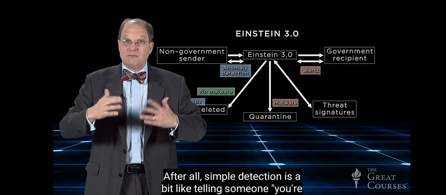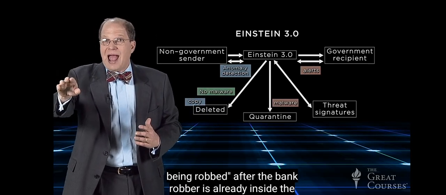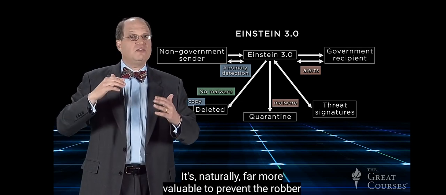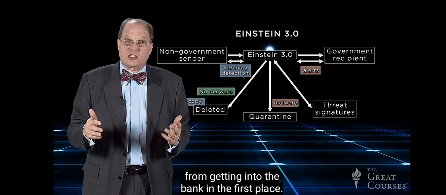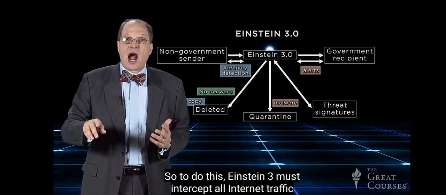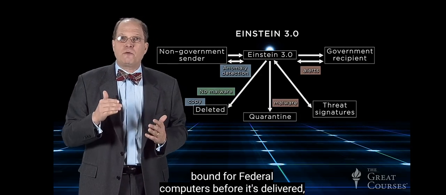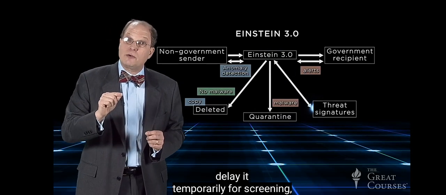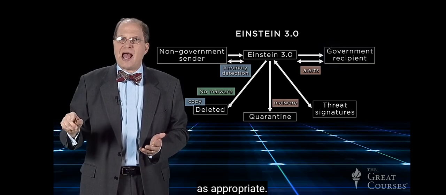After all, simple detection is a bit like telling someone you're being robbed after the bank robber is already inside the vault. It is naturally far more valuable to prevent the robber from getting into the bank in the first instance. To do this, Einstein 3 must intercept all internet traffic bound for federal computers before it's delivered, delay it temporarily for screening, and then pass it along or quarantine the malware as appropriate.